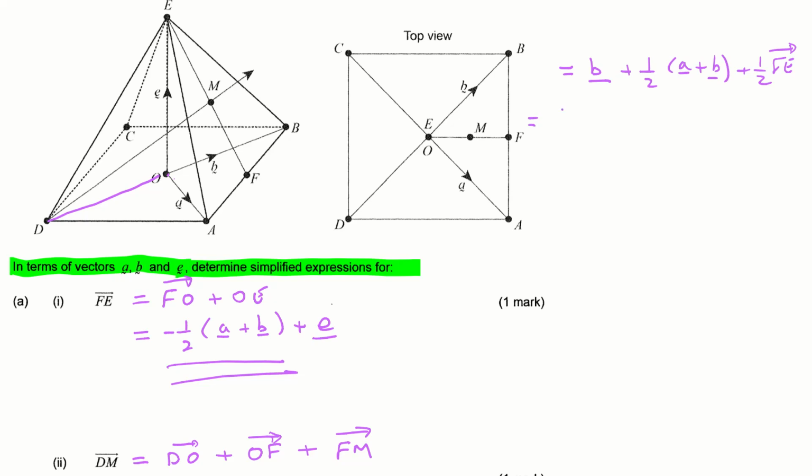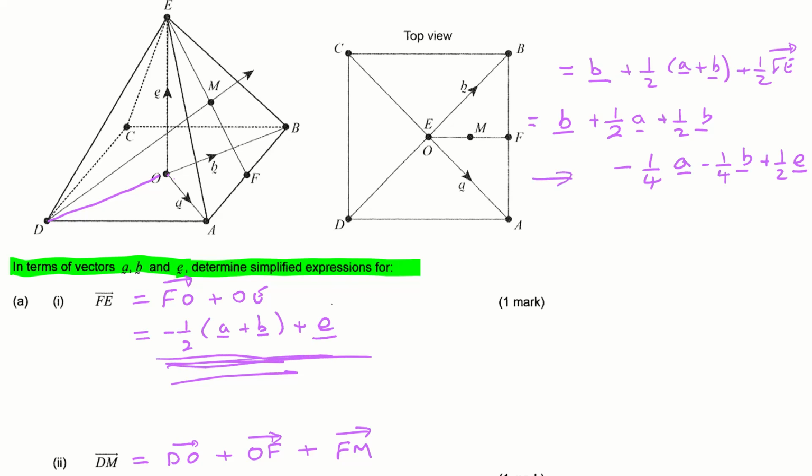So what we have there is B plus a half. Let's split that up. So we've got a half A plus a half B, take away a quarter A, take away a quarter B, plus a half E. The stuff on this last line here is just half of our answer there.